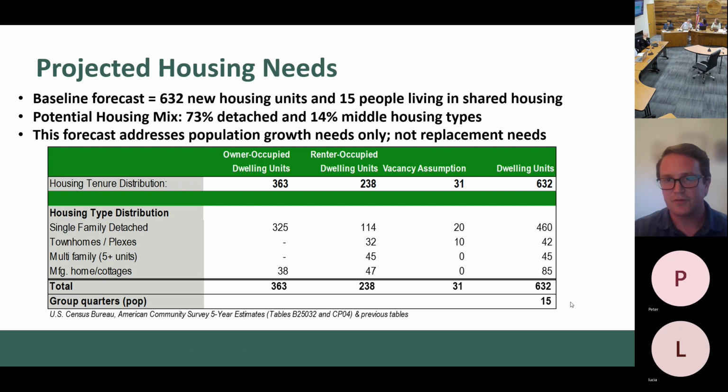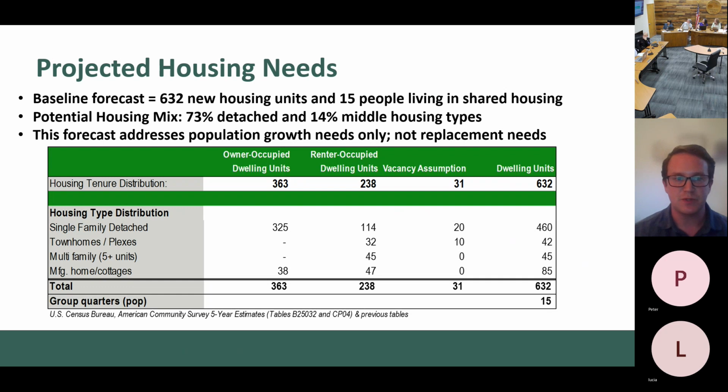So the bottom line for the housing needs projection is the city's probably going to need to accommodate about 632 new dwelling units. And based on those housing type data that we saw earlier, we expect most of that to be in single family detached. As you can see here, we're expecting that to be about 460 units of that 632 in single family detached.